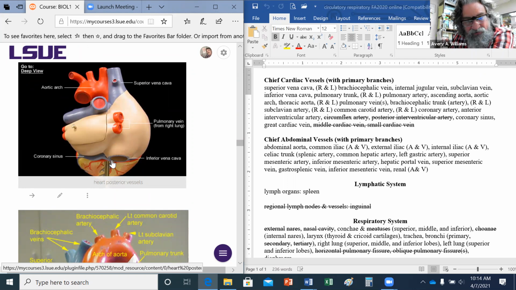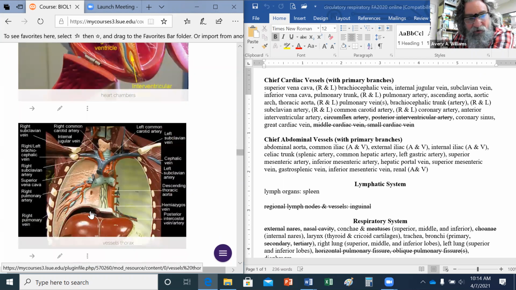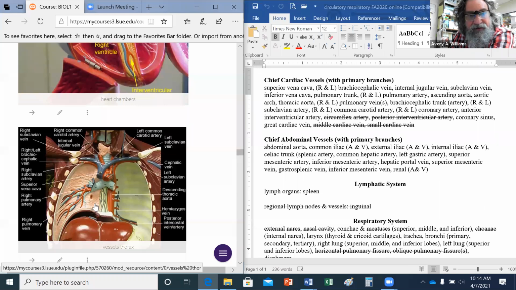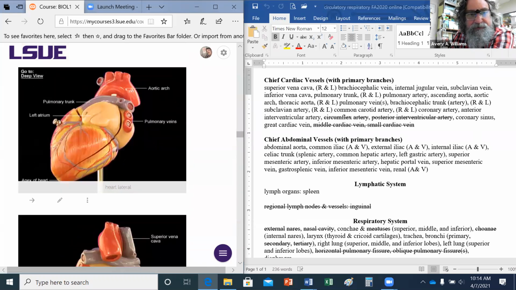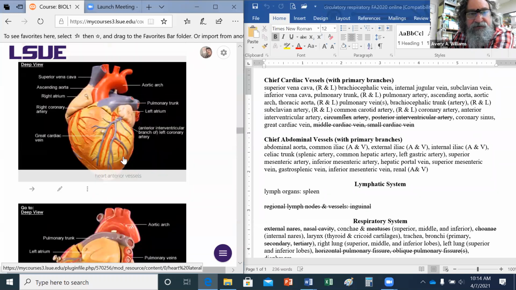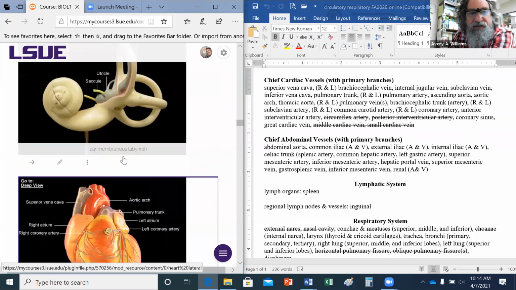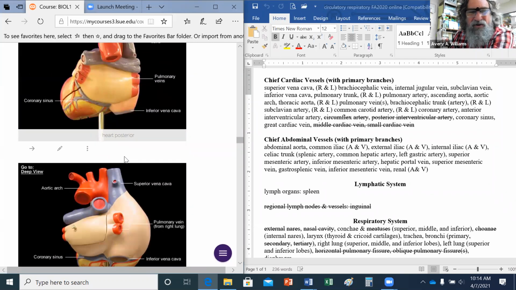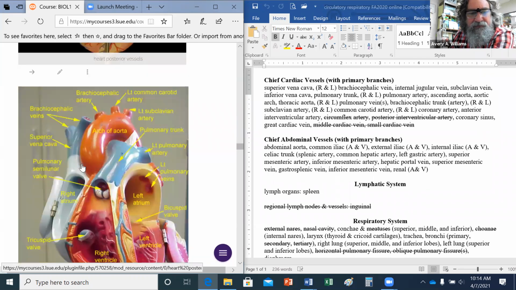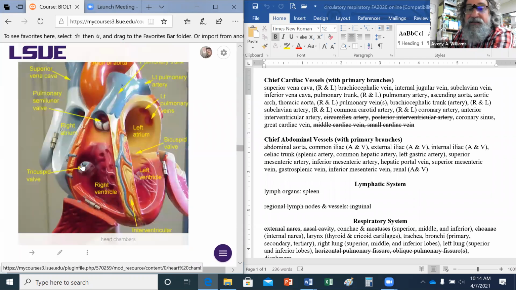Little ring right there, that blue ring, that's the inferior vena cava. That would connect right here. See that? So there's the inferior vena cava there, and there. And of course, what you see in the front is the right atrium. Can't see it there. So I got different angles, different views of the heart. Mostly the back of the heart is a good place to see it. It's right there. And that's it.